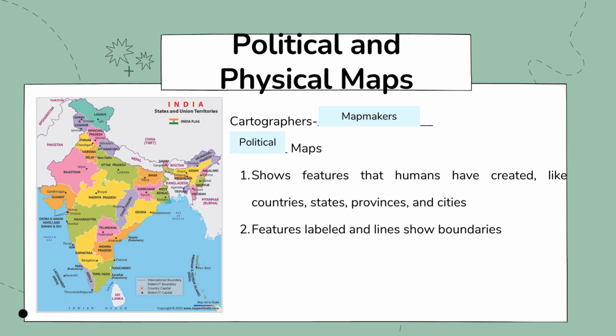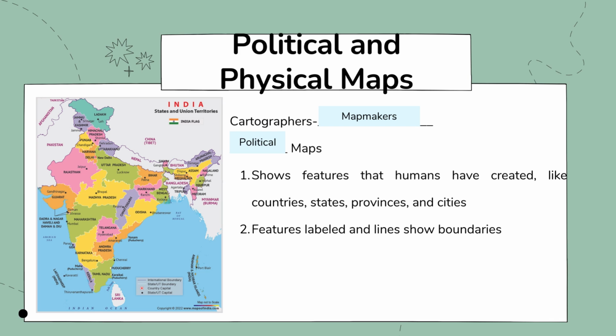Next, we're going to look at some of the most common types of maps. So first, a cartographer is someone whose job it is to make maps. The two main types of maps that we're going to look at are political and physical maps. This first one, political maps, show features that humans have created, like cities, states, and countries.